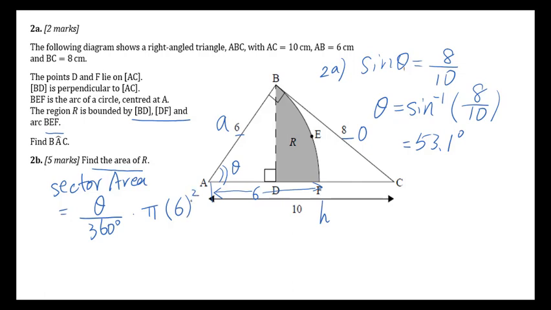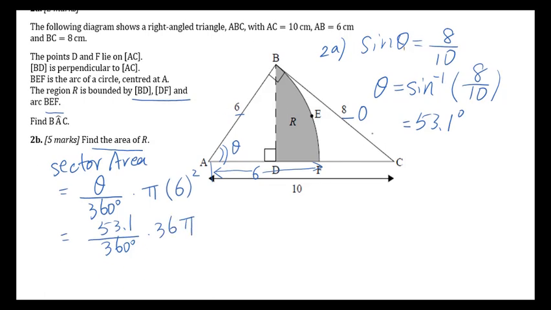R is 6, squared. So theta is 53.1 over 360 degrees times 36 pi. Then I need to figure out the area of triangle ADB, this one.